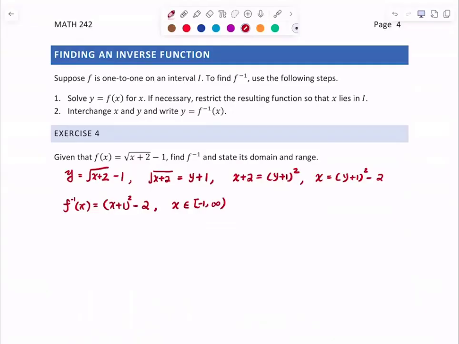And that's the range for f. So it's this plus this condition that tells you that is the inverse.